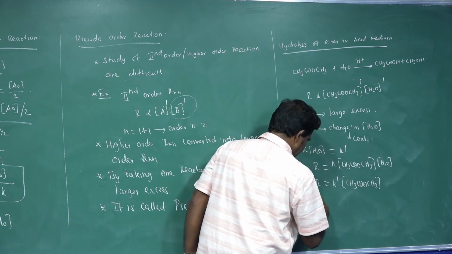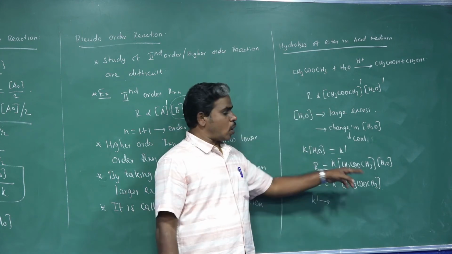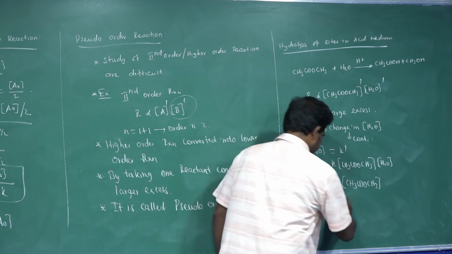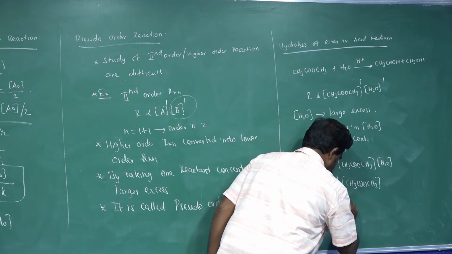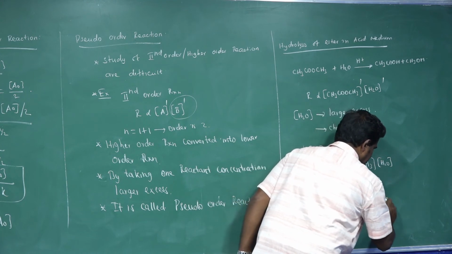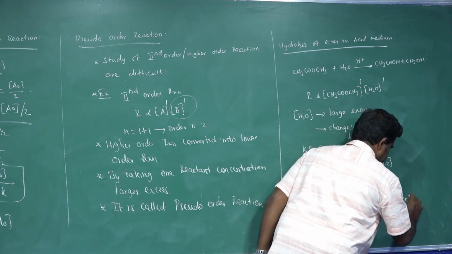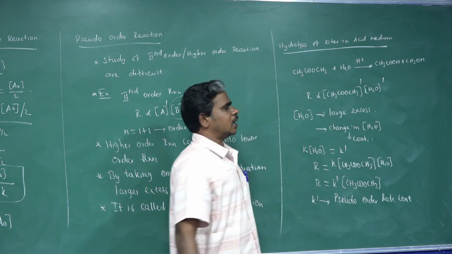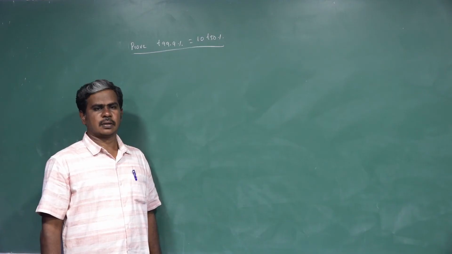Now K dash is nothing but the pseudo order rate constant. So it is a pseudo order reaction.